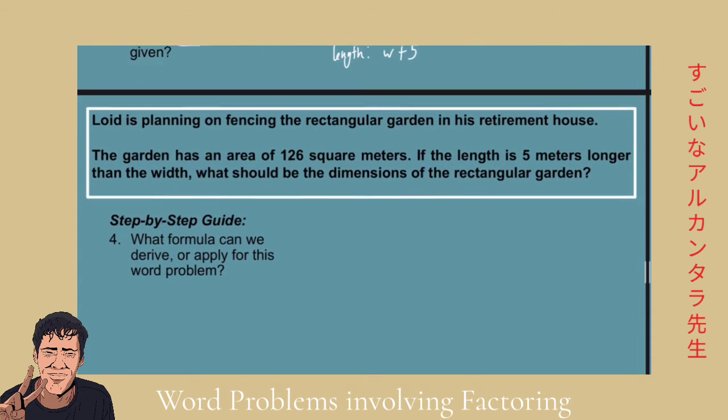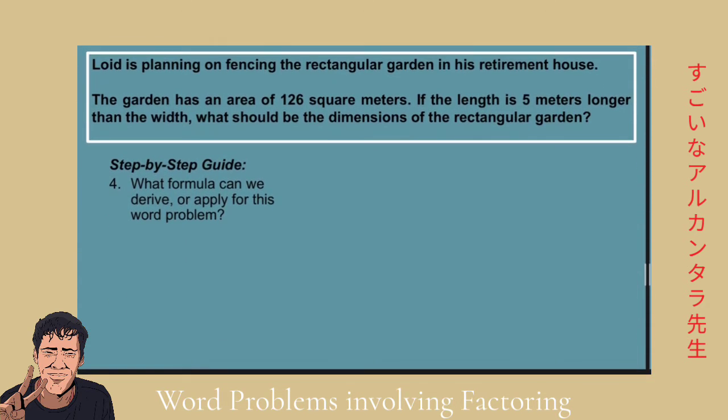So to continue, now we're asked, what formula can we derive or apply for this word problem? The word is rectangular and the other word is area. Both of those words imply something that we can apply instead of derive. By derive, it's based on the problem. When we apply, the formula already exists.